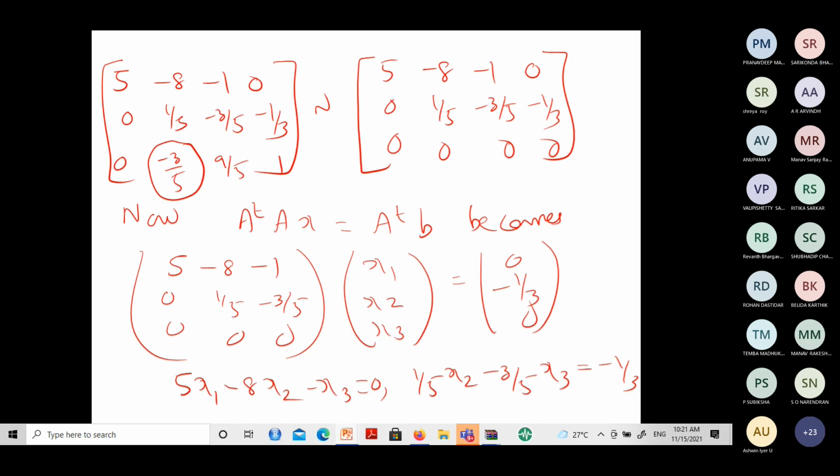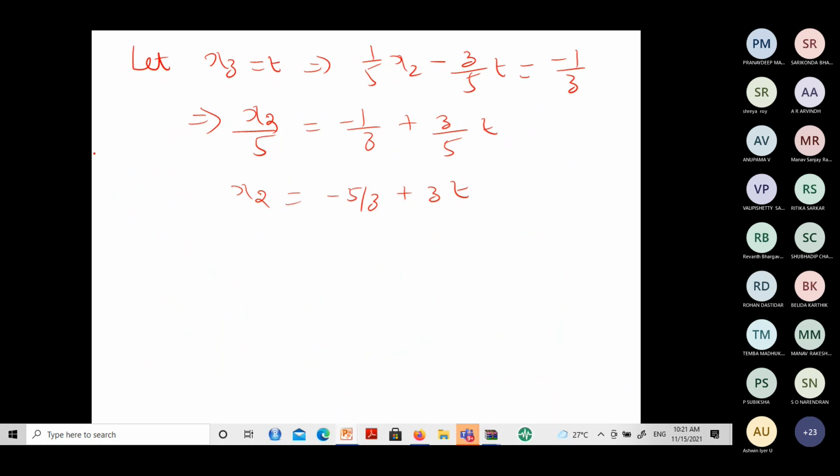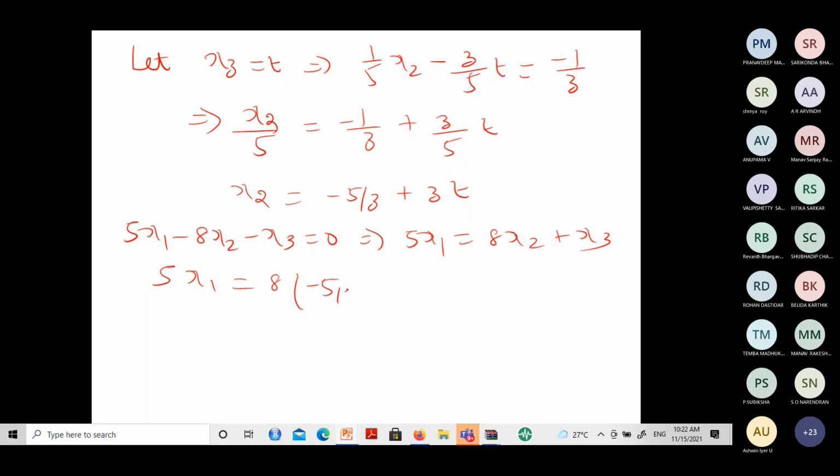So we have to solve for x1. 5x1 minus 8x2 minus x3 equal to 0. So 5x1 equals 8x2 plus x3, or 5x1 is equal to 8 into minus 5 by 3 plus 3t, plus t.